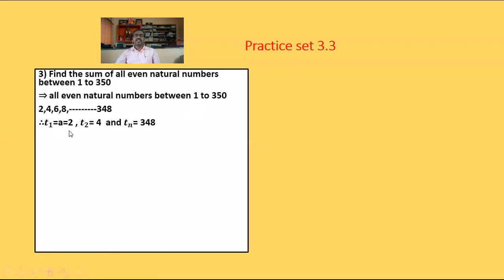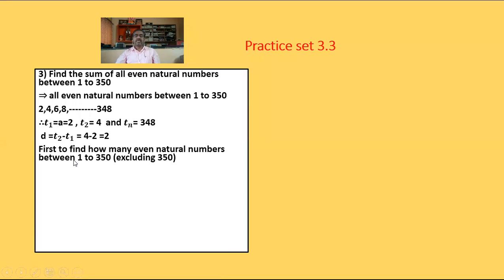T1 is equal to 2, T2 is equal to 4, and Tn is the last term 348. Therefore, common difference d is equal to T2 minus T1, 4 minus 2 is equal to 2. First, we find how many even natural numbers there are between 1 to 350, excluding 350.